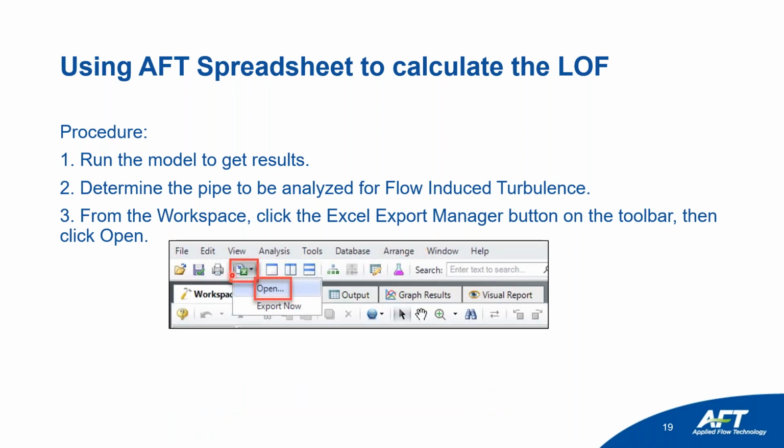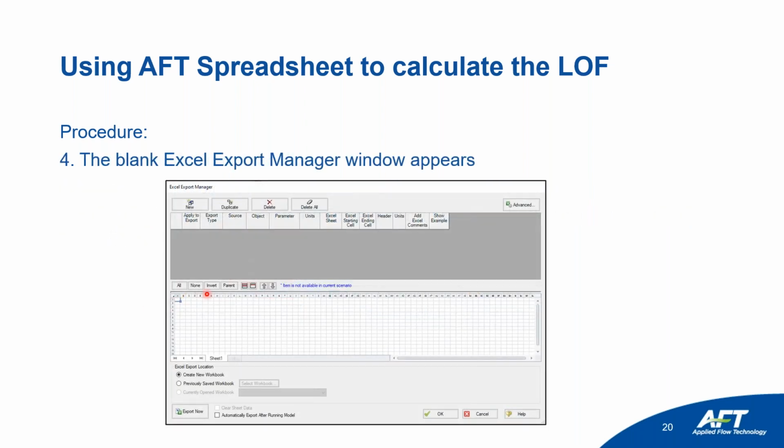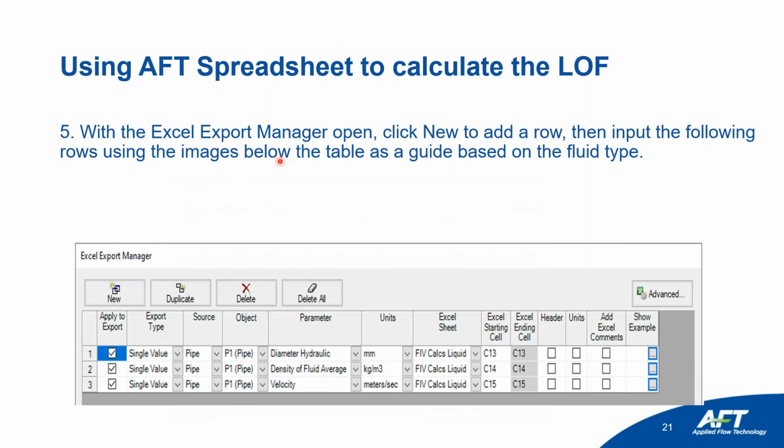So up here, there's an icon that will open the Excel Export Manager, and you click Open to start creating your export spreadsheet. The blank Excel Export Manager will appear. With the Export Manager open, you click New Add Row, then input the following rows using the image below in the table as a guide based on the fluid type.